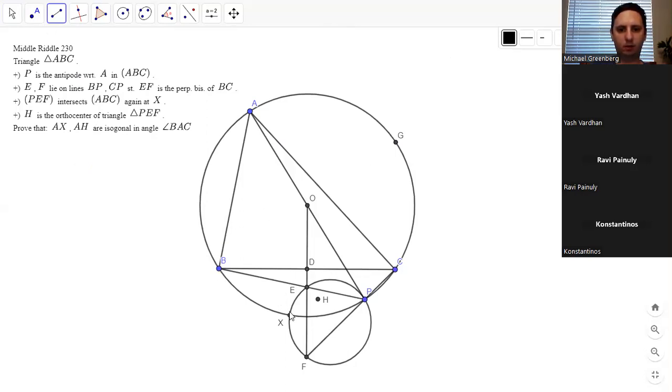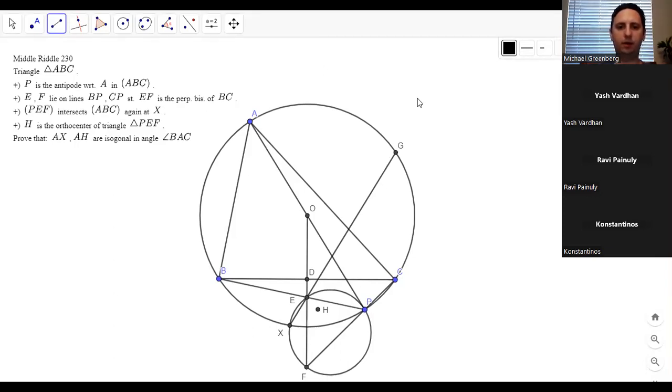Yes. Okay. Interesting. PH is parallel to BC. That's true. PEF, yeah, PEF and ABC are similar.